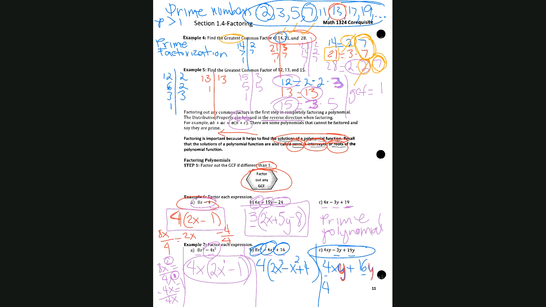So that will also be part of the GCF, the greatest common factor. Now, if we take this term, 4xy, and divide by 4y, we will get x. If we take positive 16y and divide by 4y, we will get positive 4.